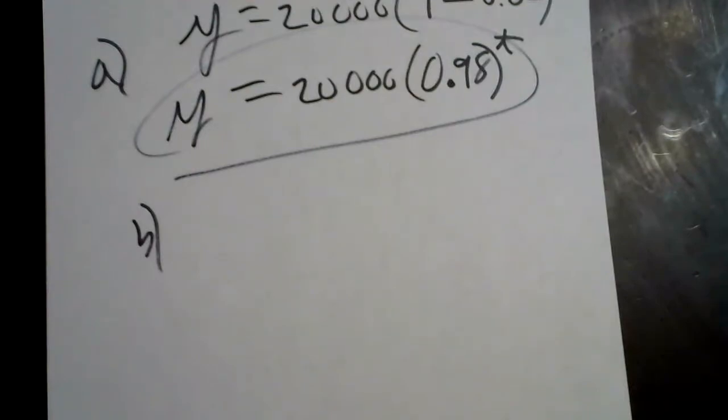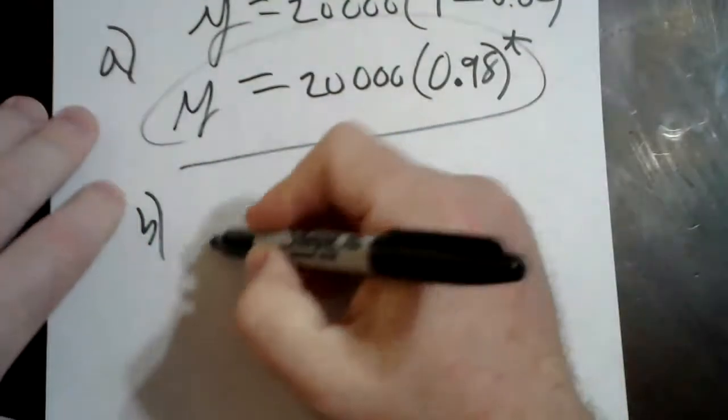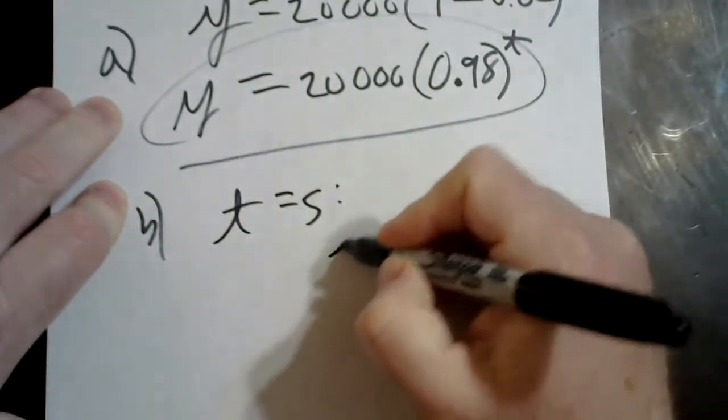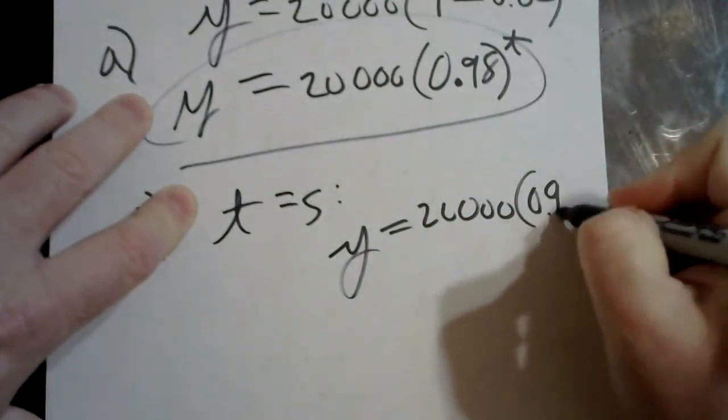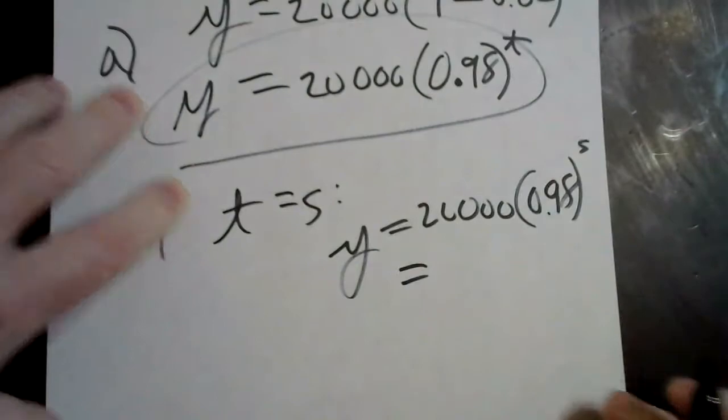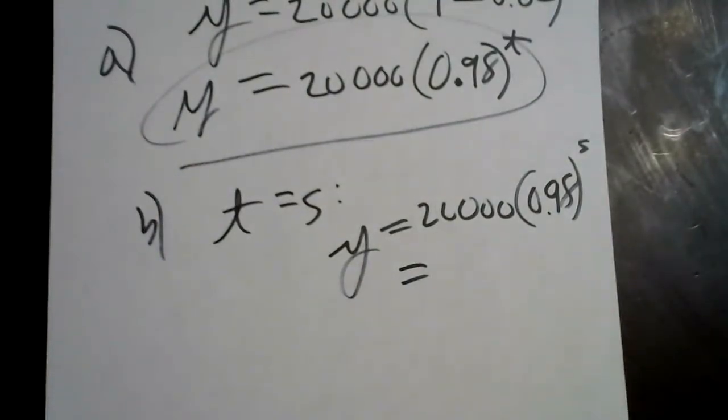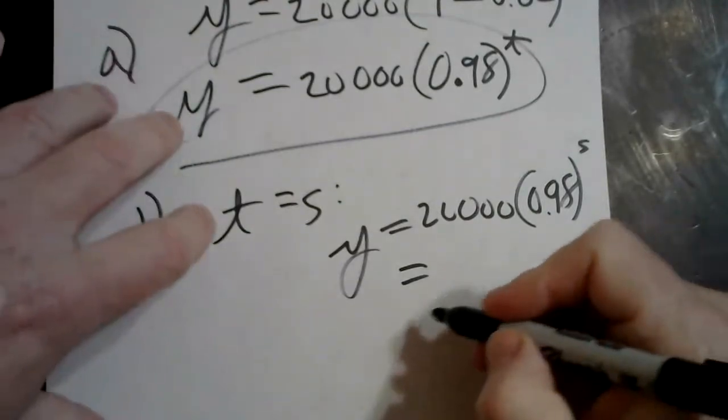Well, what about part B? Find the sales 5 weeks after the end of the campaign. Well, that's just when T is equal to 5. So let's plug in 5 for T. So this is what I get.